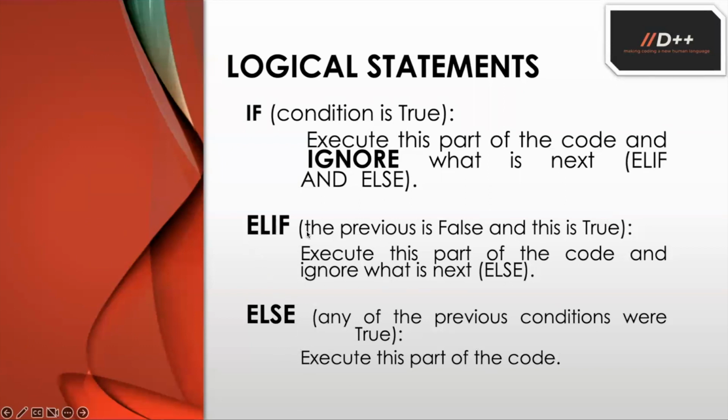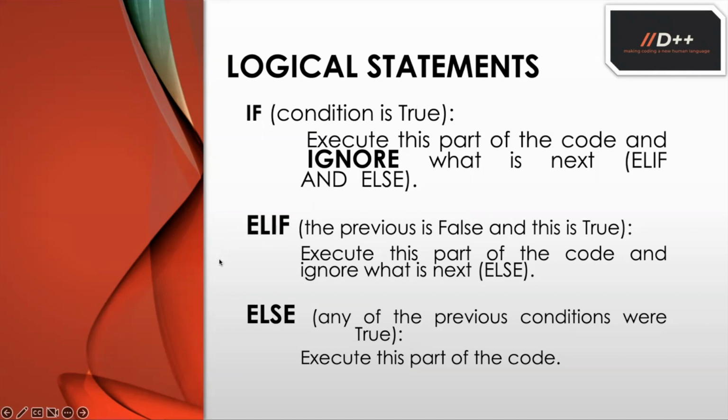I can have multiple elif statements, so I can check my first condition and then 10 different conditions. If neither the if nor the elif statements were ever true, I skip all of them because none of them were true.